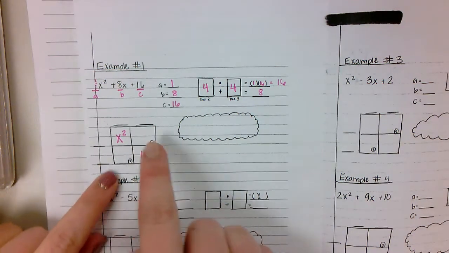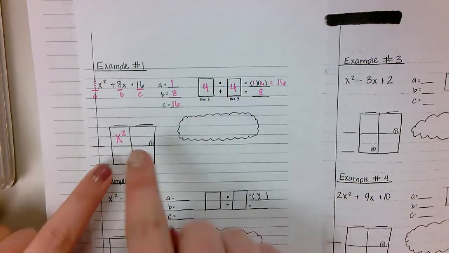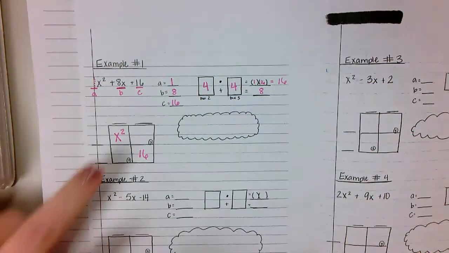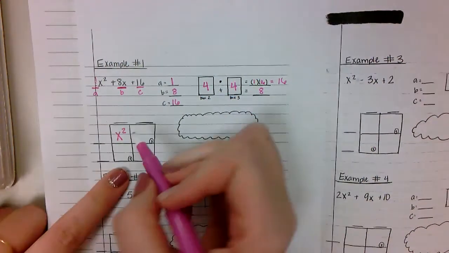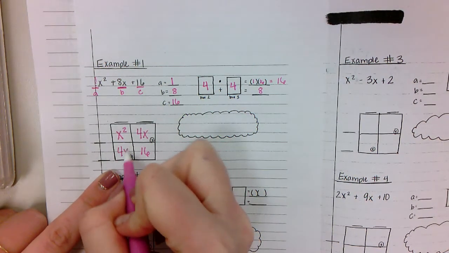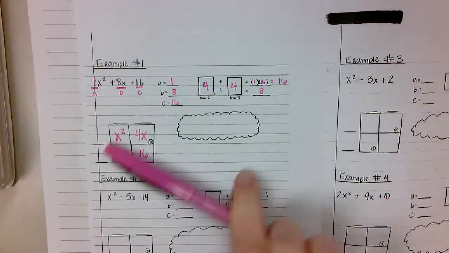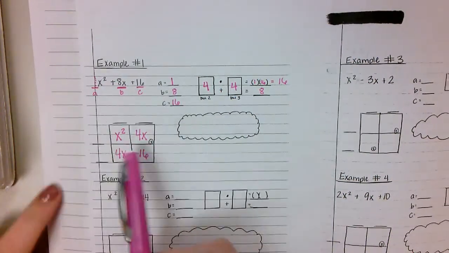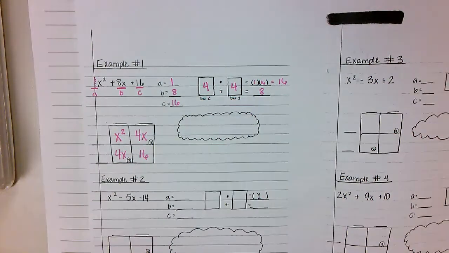So now we put those in box 2 and 3. These two numbers go here. Now remember, it has to add up to give us this middle term. So I've got to put the x's back with it, right? So this would actually be 4x and another 4x. So at this point, this equation, if I were to open it up a little bit, is now this.